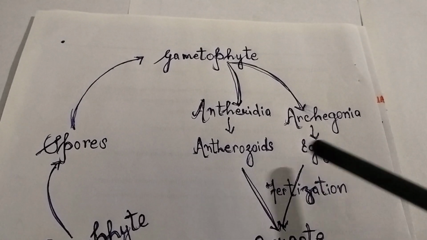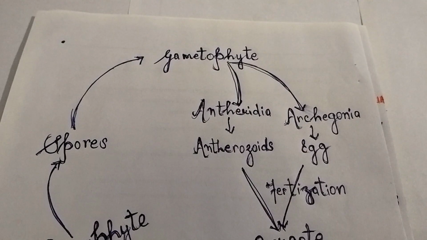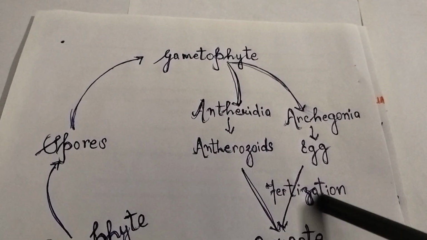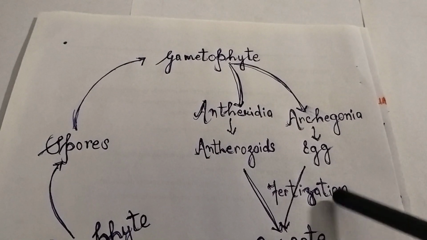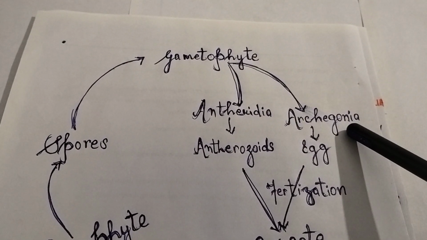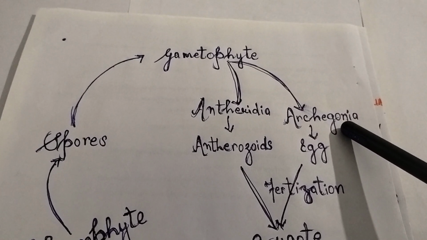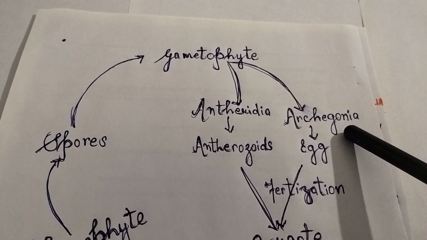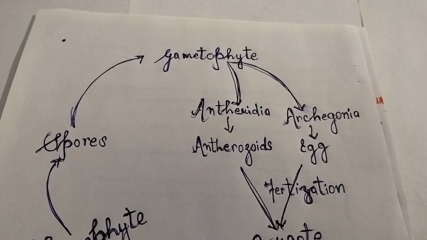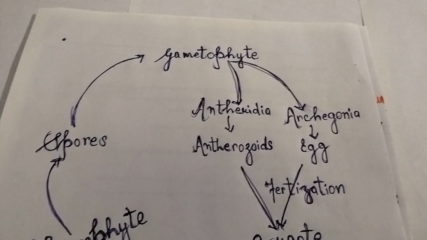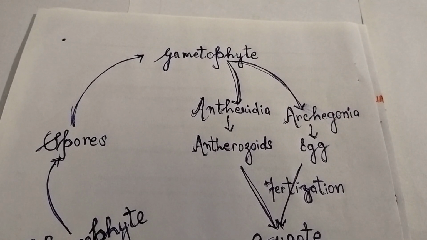Okay, male and female gamete will fuse to form zygote, and where will this fertilization take place? It will take place in archegonium, that is the female reproductive organ, female sex organ. Inside the archegonium, fertilization will take place and zygote will be formed.